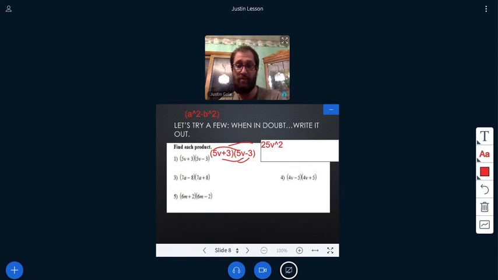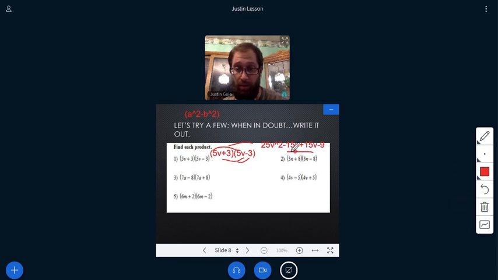5v times 5v is 25v squared. 5v times negative 3 is negative 15v. 3 times 5v is plus 15v, and 3 times negative 3 is negative 9. These in the middle are going to cancel out, negative 15v and 15v.